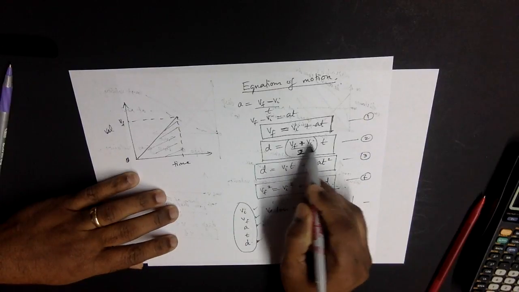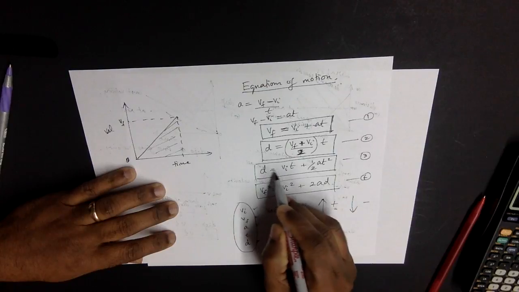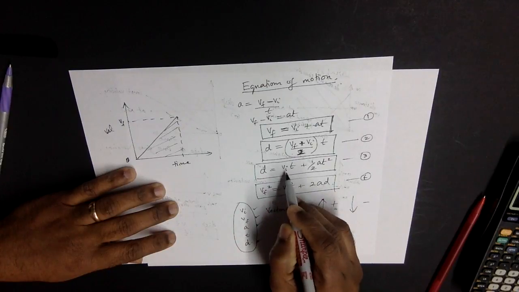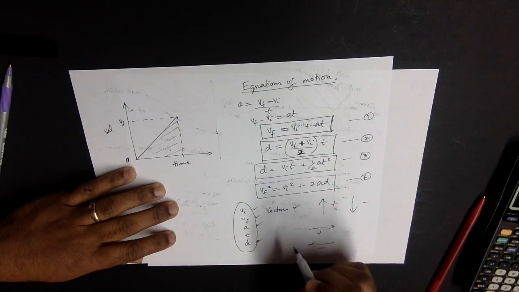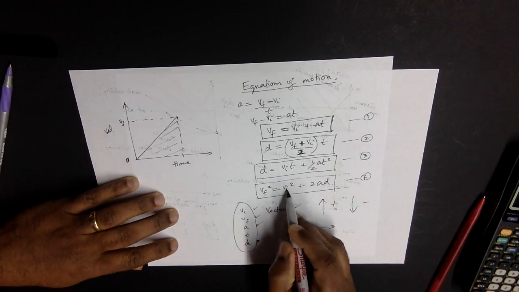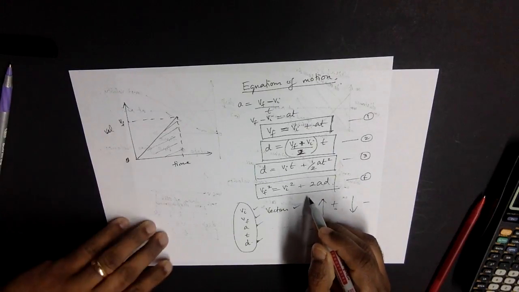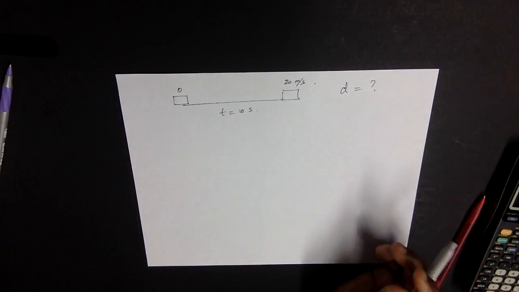Again, if you know 3 of these, you should be able to find the 4th one. Again, 3 things known, you can find the 4th one. So that is basically the idea of solving problems.